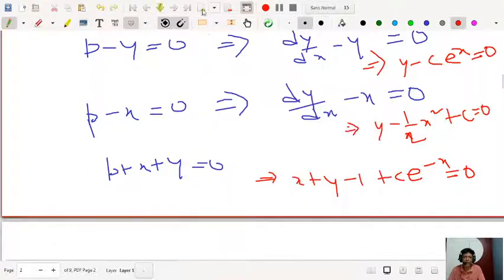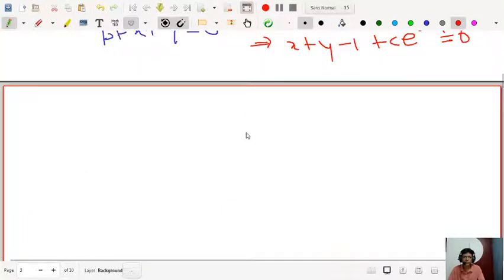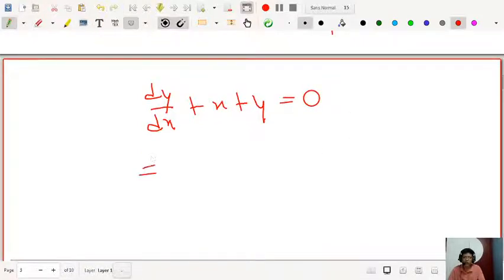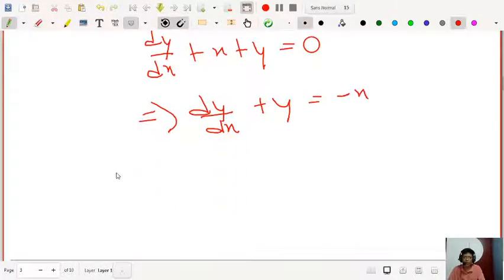Let me add a page here, so let me show you. This p is dy/dx plus x plus y. This is also a linear differential equation, of the form dy/dx plus Py equal to Q. So I am writing dy/dx plus y equal to minus x. So what is your integrating factor? Your integrating factor is e to the power integral 1 dx, so e to the power x.